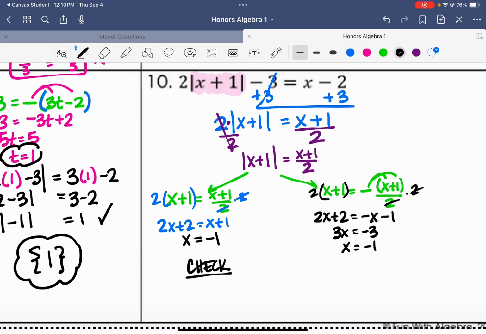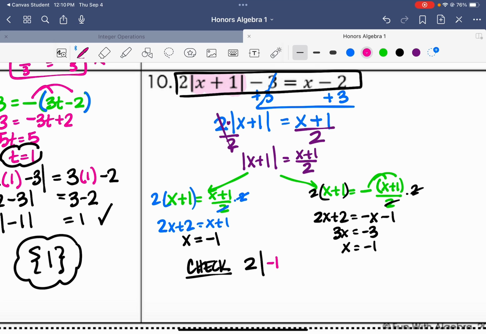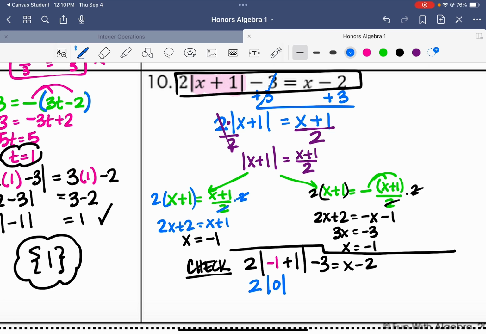So I'm going to check it in the original right up here. 2 times the absolute value of negative 1 plus 1, absolute value. Then we subtract 3 has got to equal x minus 2. Sorry, I don't make it look like this. 2 times the absolute value of 0.